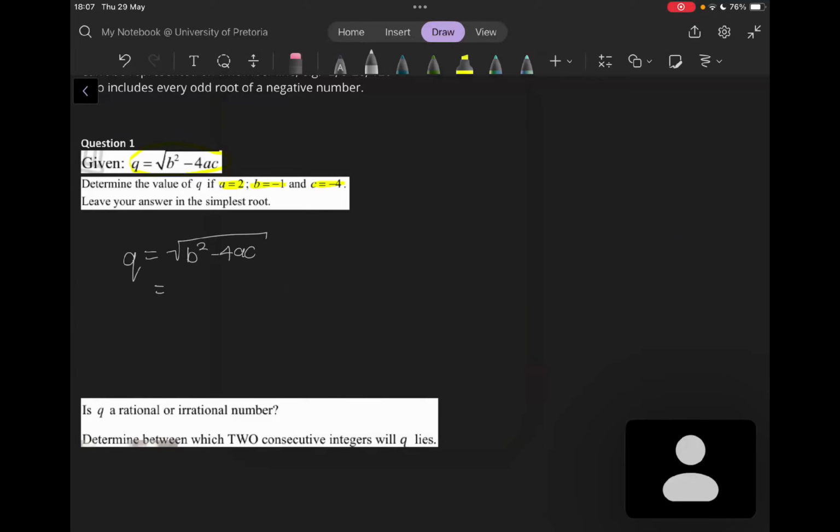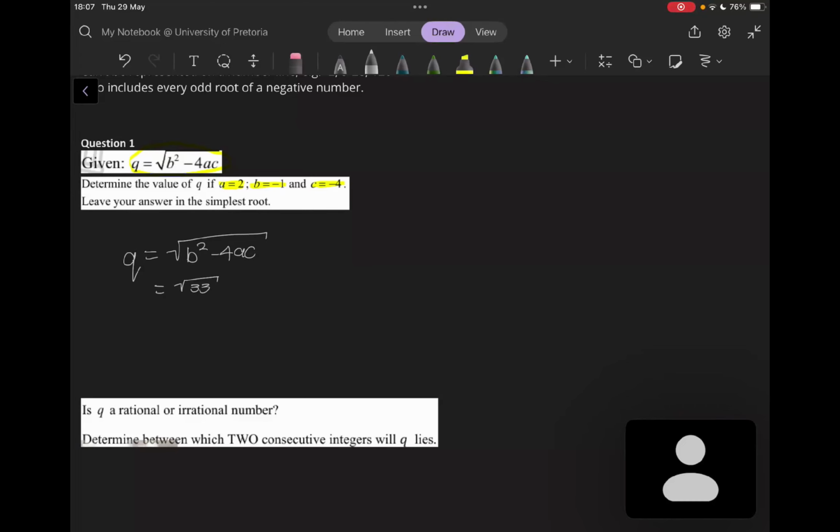If we substitute the given values into this equation, let me just put that in my calculator real quick. We have B squared, which is -1 squared, minus 4 multiplied by 2 multiplied by -4. We then get a value of square root of 33, right?